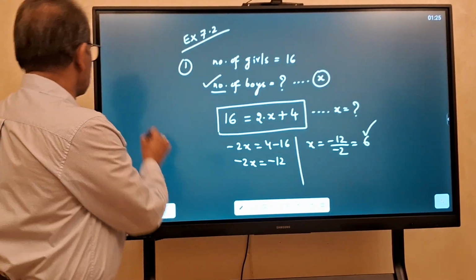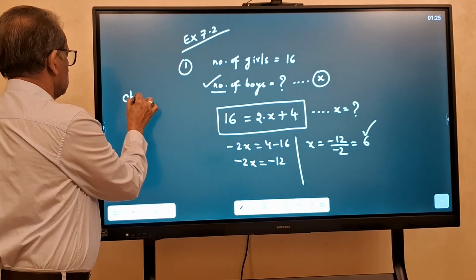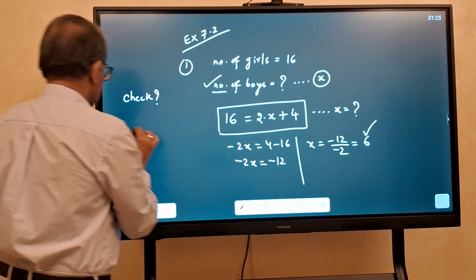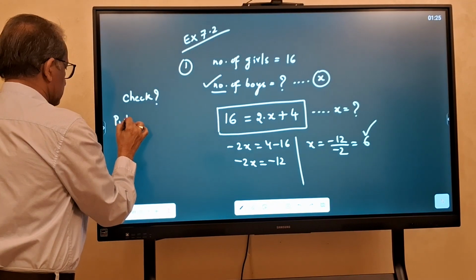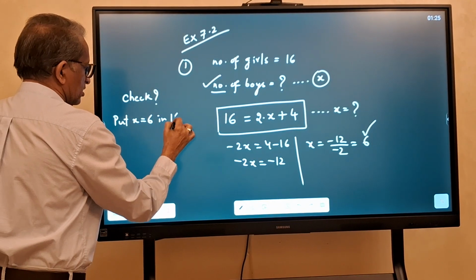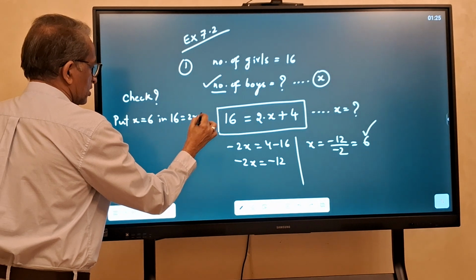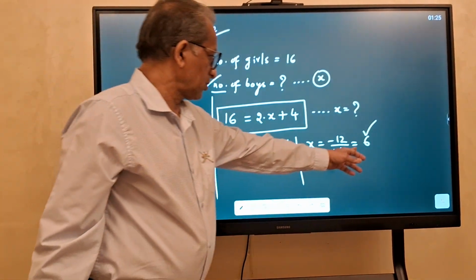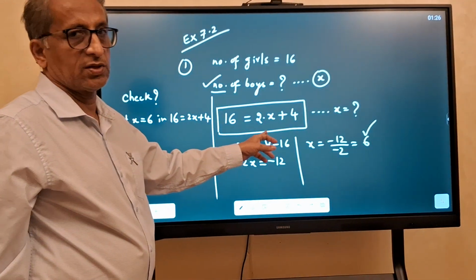Now I want to check my answer. What do we do? We put the answer x equal to 6 in the equation, that is 16 equal to 2x plus 4. Whatever answer you got, you always put in the equation.